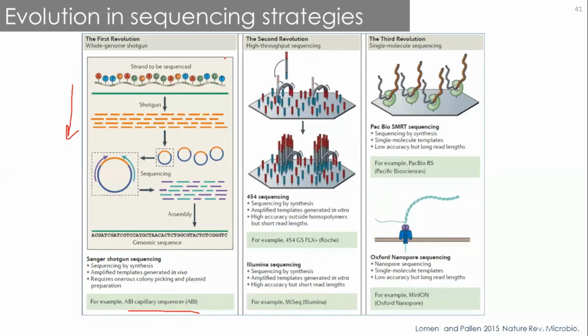We not only have a second generation sequencer, we also have a third generation sequencer. Second generation sequencers are very high throughput but produce small fragments of genes, so it is very difficult bioinformatically to annotate them and make meaning out of those sequences. However, Illumina sequencing is being used in a great deal across the world.